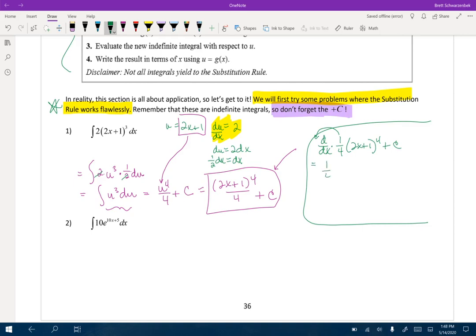The 4th comes out. We take the derivative of this, which requires the chain rule. So 4 times (2x plus 1) to the 3rd, times the derivative of 2x plus 1. And then, of course, the derivative of the constant is just 0. So this is 2. If we multiply this out, 1/4 of 4 is 1, and then this 2 comes to the front, and we get this as our result.